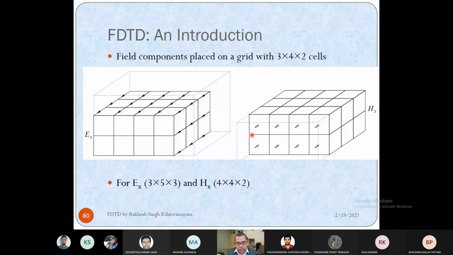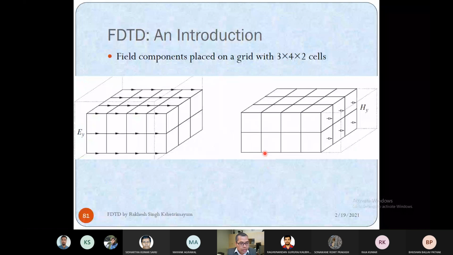So how many do we need to calculate? 1, 2, 3, 4 and 1, 2, so 4 into 2. Again, how many faces are there? 1, 2, 3, 4. So 4 into 4 into 2 is that many calculations you need to do for discretization of a cube like this.